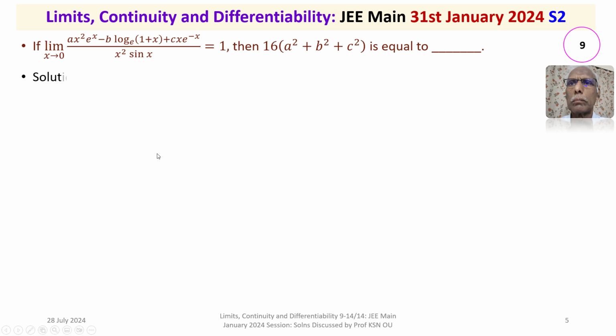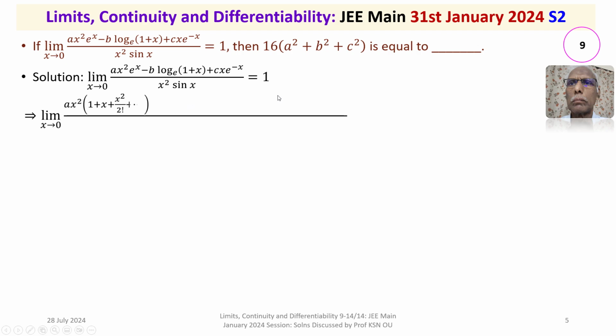Let's now discuss the solution of the problem in detail. Limit x tends to 0 of the given expression is equal to 1. To evaluate the limit, we write down the Maclaurin's expansion of e power x, log of 1 plus x to the base e and e power minus x, and do some manipulation.